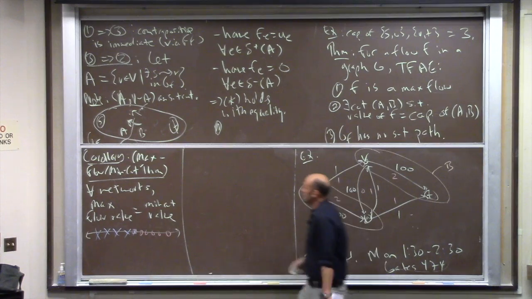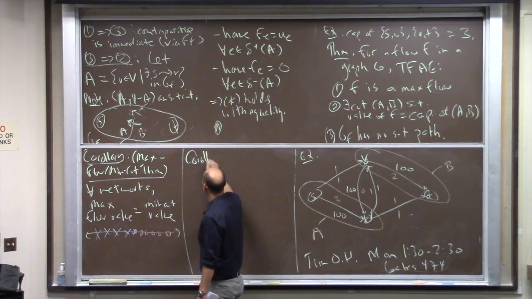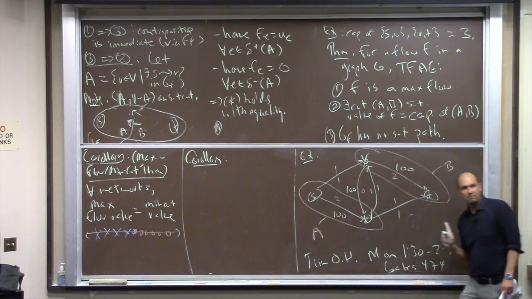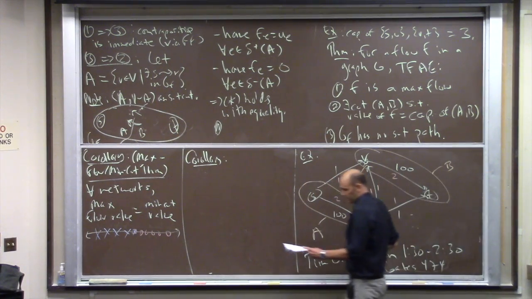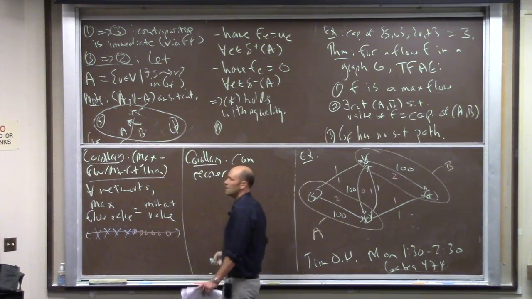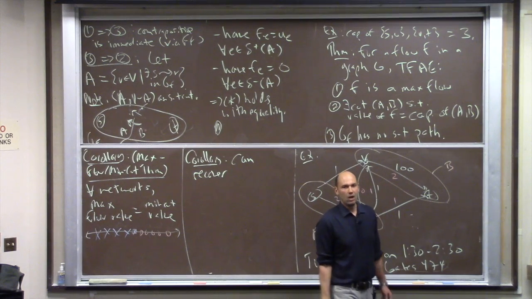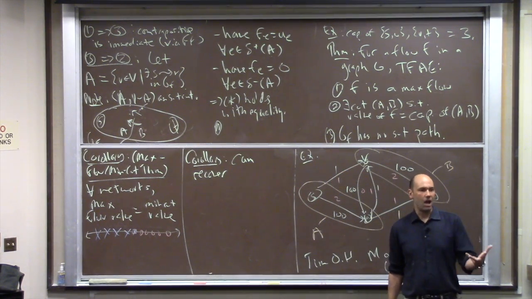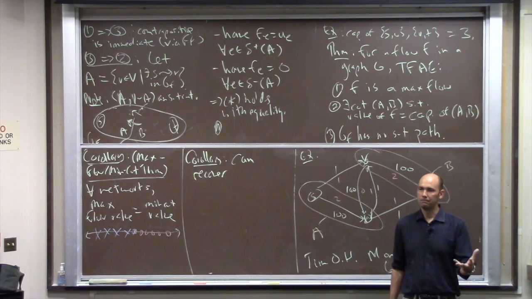So that's just a structural implication. Let me mention a quick algorithmic implication of the proof, which is cool. Suppose I gave you a maximum flow in a network for free. Then, in linear time, you can recover a minimum cut.